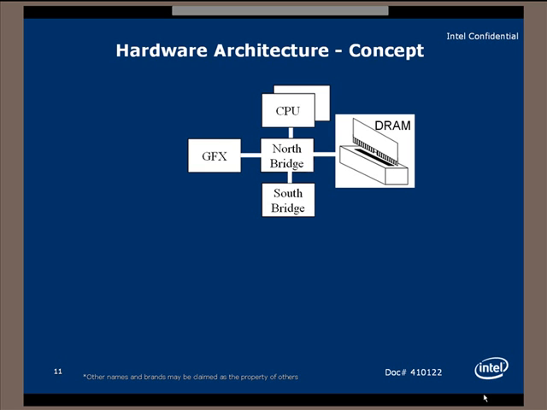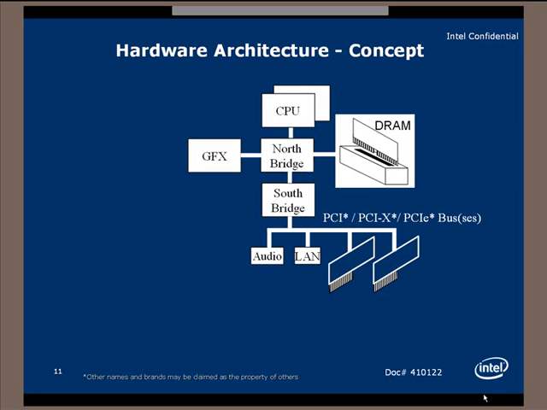The North Bridge is connected to another device that, the euphemism we use at Intel, is called the South Bridge. What is the South Bridge? Simply put, the South Bridge is the garbage can. Anything that does not go in the North Bridge or the CPU winds up being on the South Bridge. So the South Bridge is traditionally where you have your older buses, your PCI up through PCI Express can also be off your South Bridge, but also all of your other functions that are in the North Bridge.